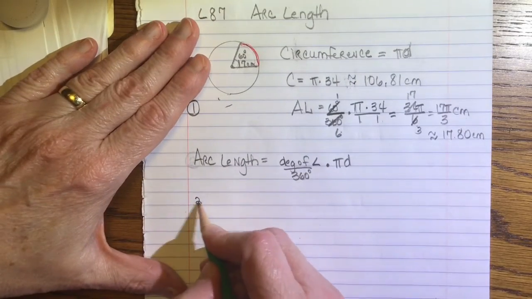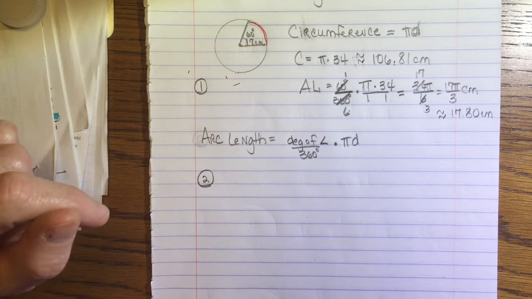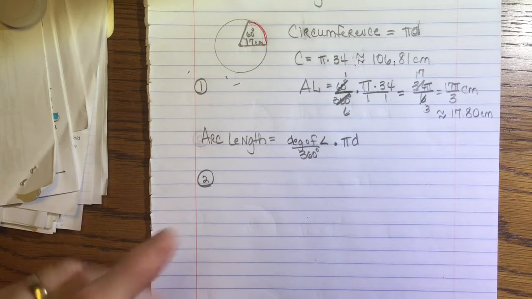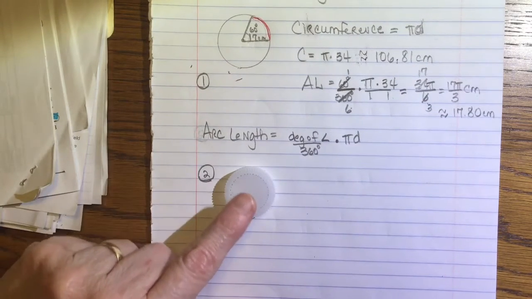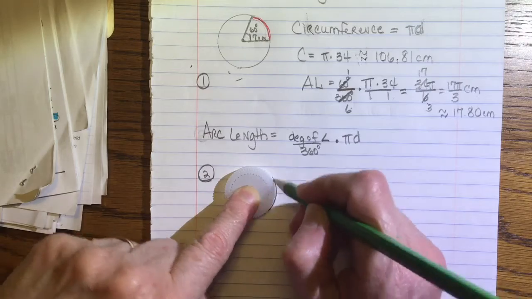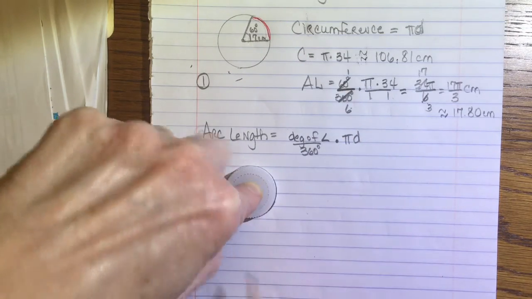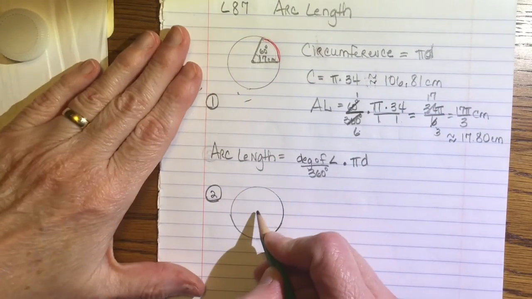So number 2. I was thinking that your problems might have some with diameter. I think they're all radius, but I'm going to go ahead and do a diameter problem, because whether you're given the radius or diameter, you should be able to find the other. If you're given the diameter, you know how to find the radius, or vice versa.